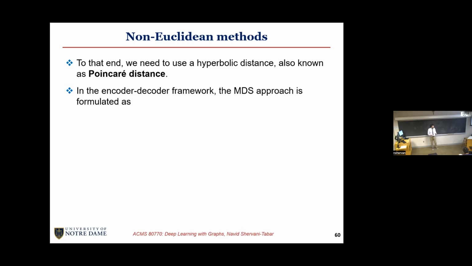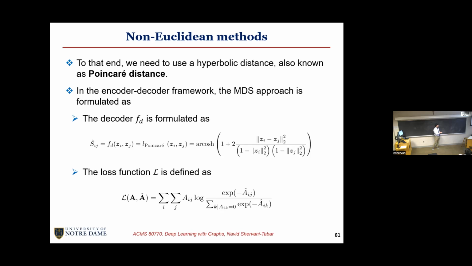Then you use a distance defined on that space to find how similar or dissimilar two different embeddings are, and you define some loss function corresponding to that to solve your encoder-decoder approach.